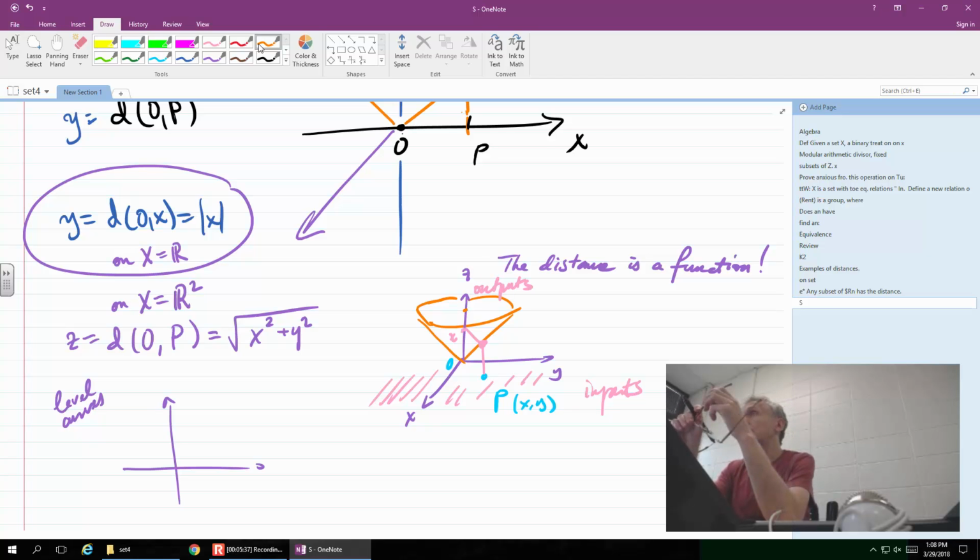Or contour curves or contour maps. Does it sound familiar to you? Elevation maps. You've seen maps with elevation, with curves indicating the same elevation. Remember that? So what are the level curves of this function?